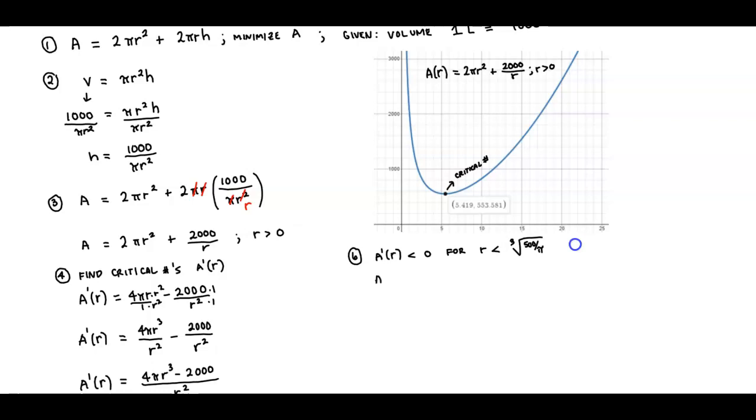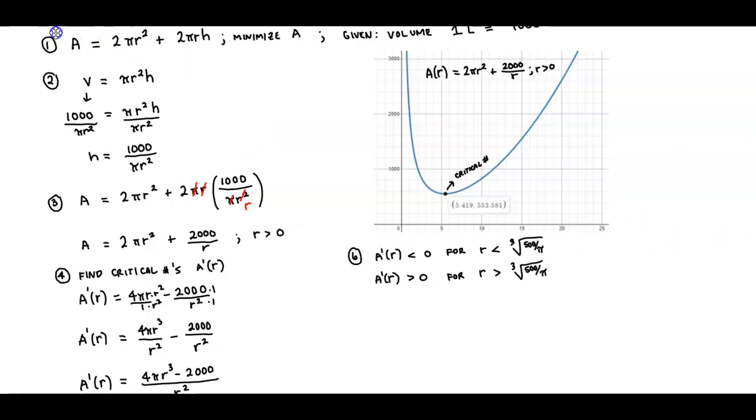And we can say that the derivative is going to be greater than 0, because the area will be increasing, for r greater than the cube root of 500 over pi.